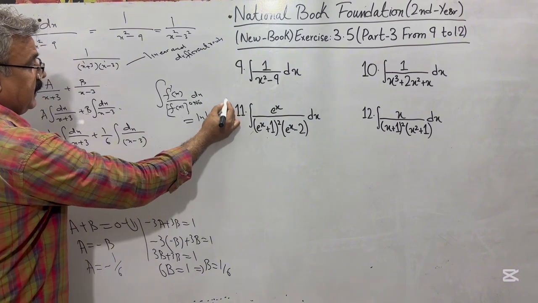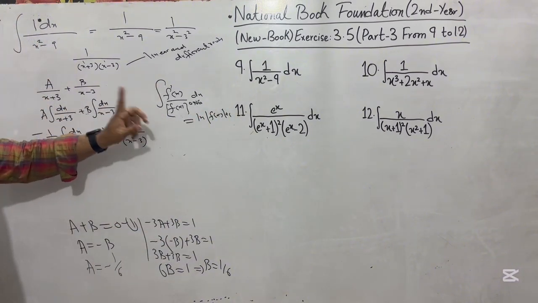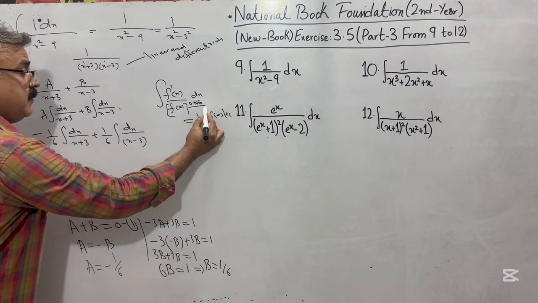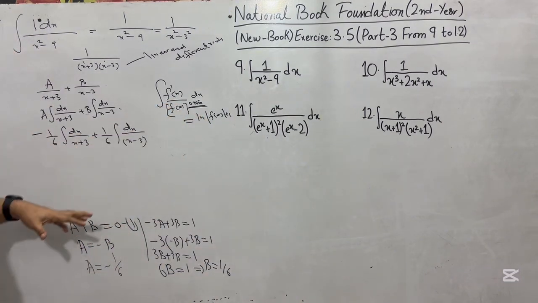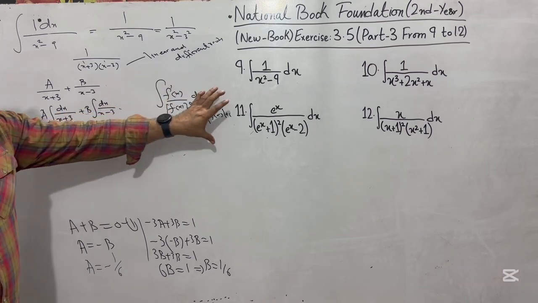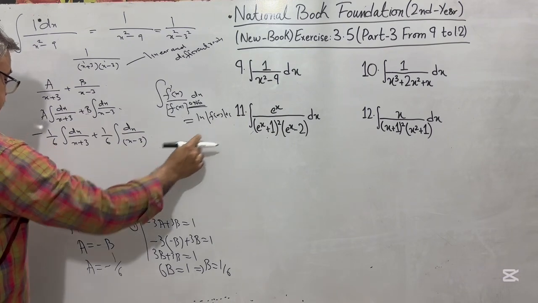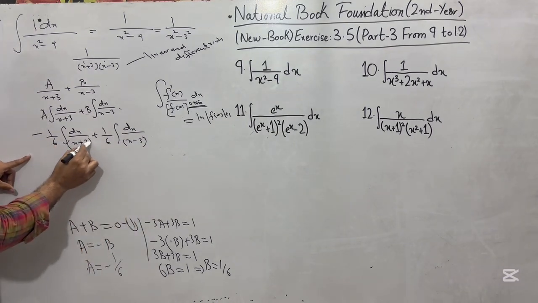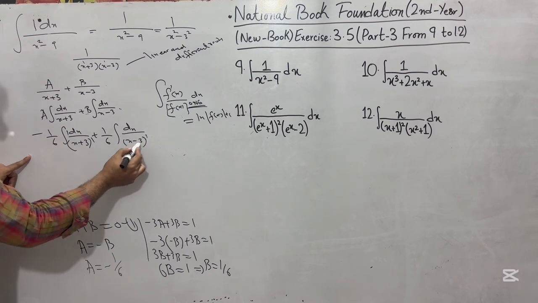Its integration is given by function, derivative, function, derivative. But the function has power 1, only 1. I have written this to emphasize and give you clarity. A function with derivative, having overall power 1, is the case of ln. So does it here. Power is 1, the differentiation of x is 1, of 3 is 0. The same is the case here.